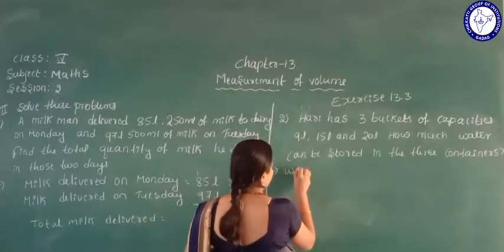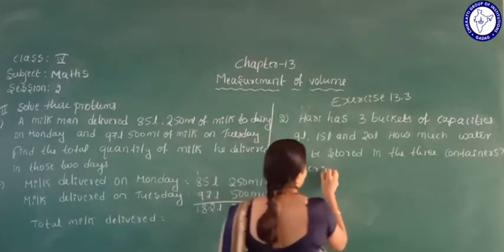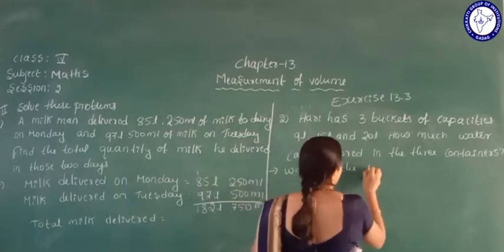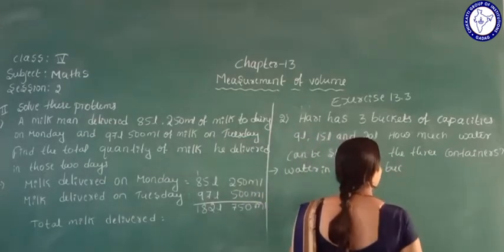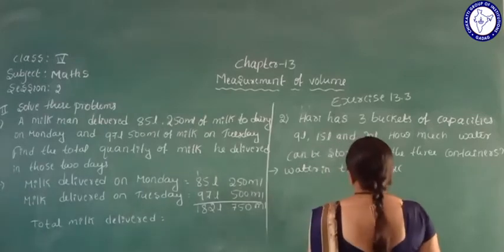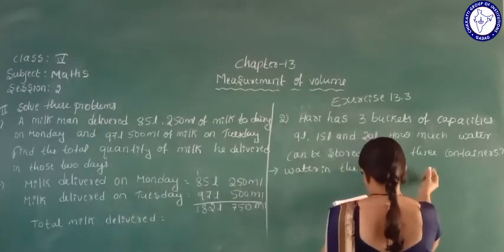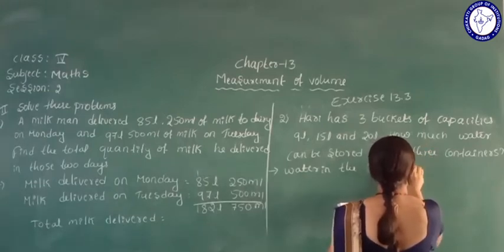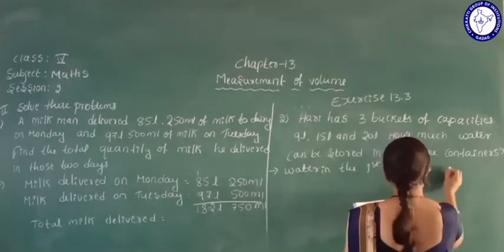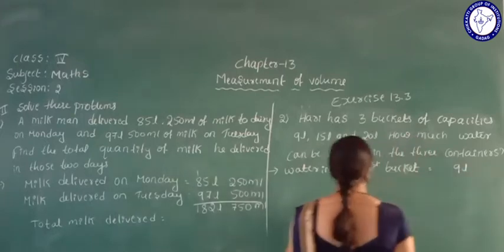Water in the first bucket is equal to 9 liter.